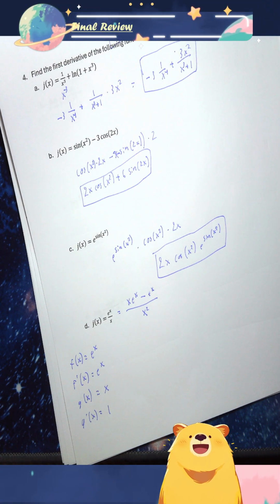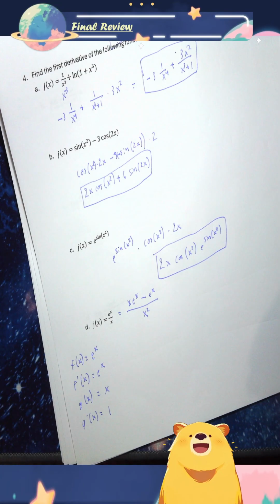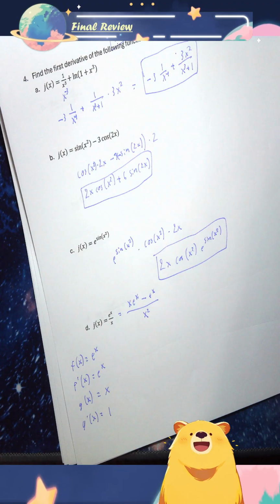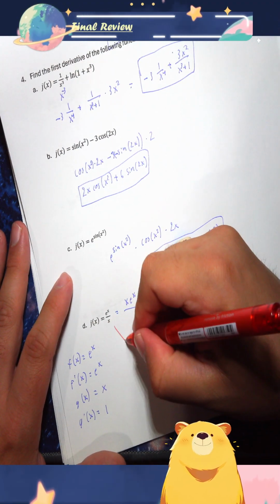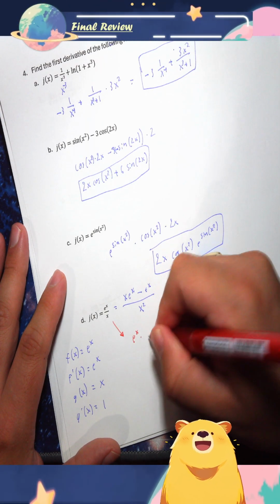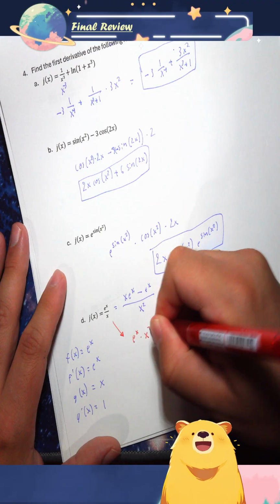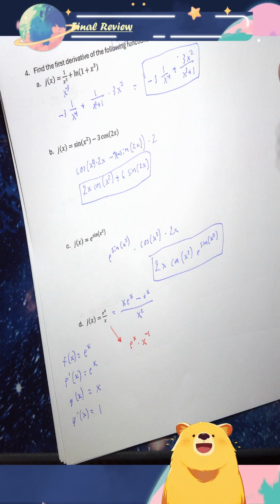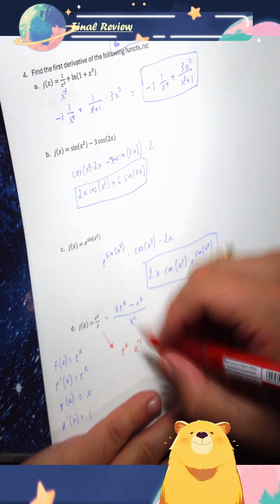A quick example that I want to do, because I saw it on at least two of you. You just rewrote it as e to the x times x to the negative 1, which is valid. That's not wrong in the slightest.